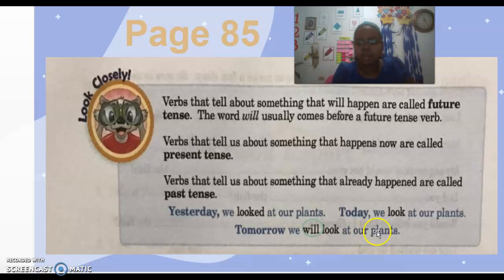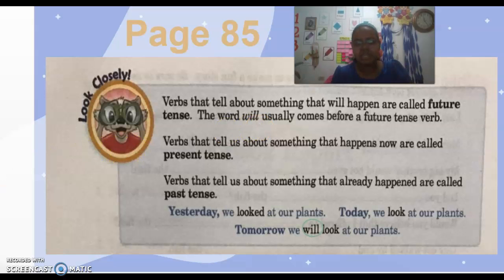When we are talking about the future, we are going to use the word will before each one of the verbs. If we want to use one verb in future, we always are going to use the word will before we write the verb. The verb is not going to change. What we are going to do is add that word will.